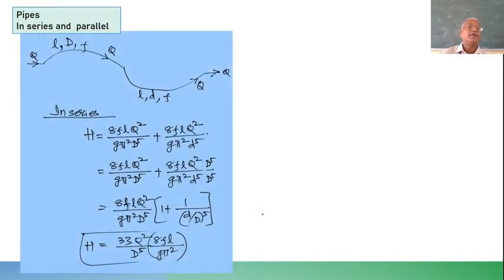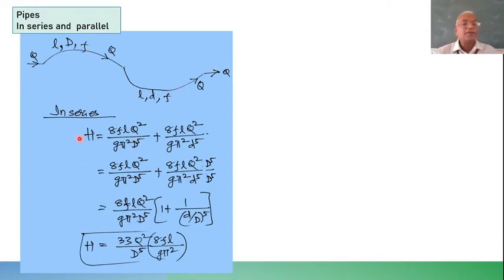Okay, here I have drawn a figure for series. So I place a length L of diameter D and coefficient of friction f, and another pipe is put in front of that of the same length L, but the diameter is d, f is the same, and when Q enters, the same Q continues to move all along.